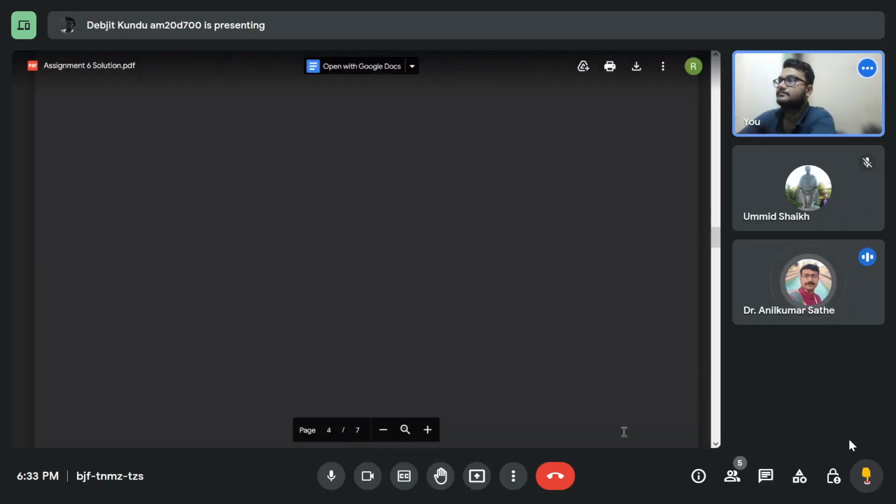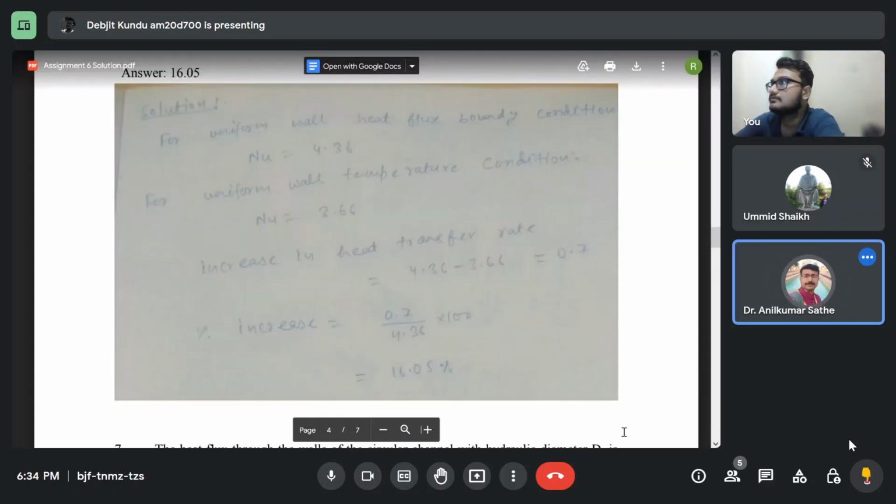Now you see it is 4.36 and 3.66. So these are the values for circular pipe. Now we have to calculate. Now it is a percent increase we are calculating, so it should be with respect to the smaller one. Yes, and it has to be 19%.